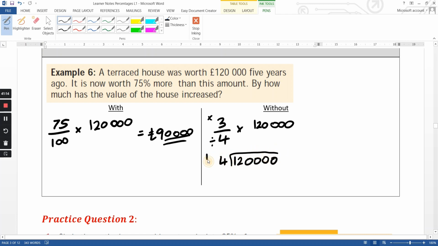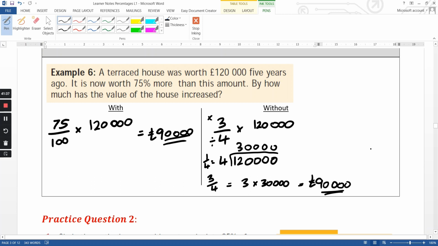So this is for a quarter. And that's going to be 30,000. So 3/4 will be 3 times that. 3 times 30,000, which is 90,000. Yeah, and that's my answer.